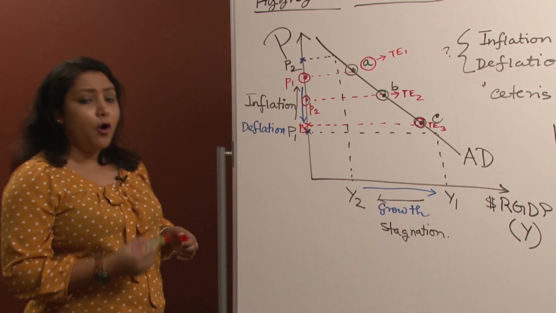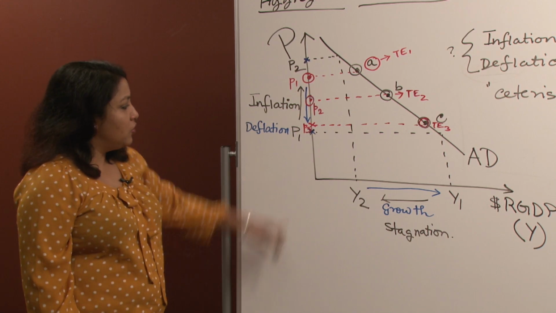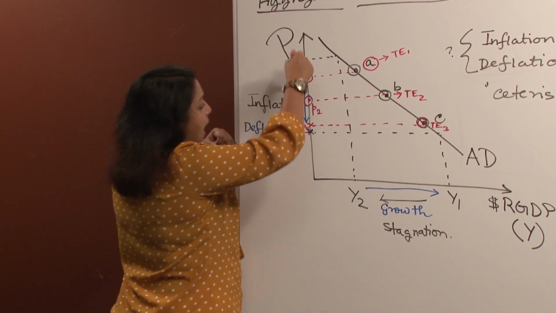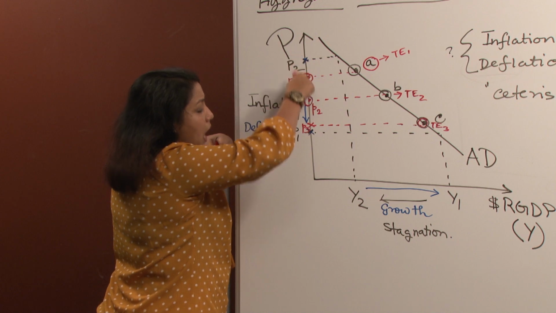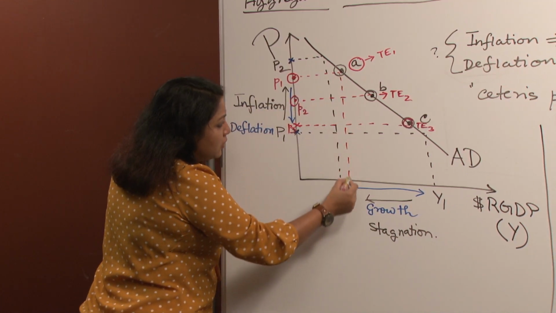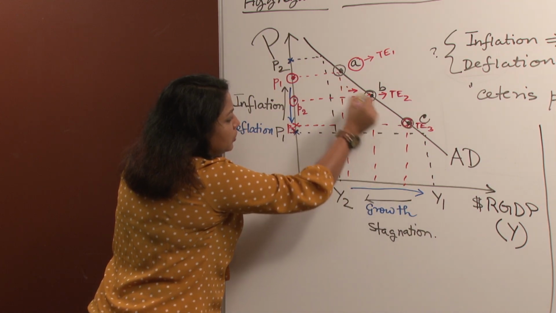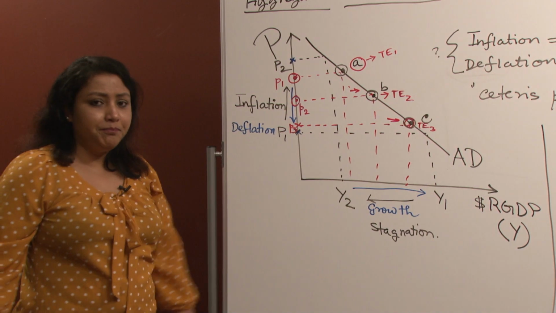So each point is basically representing the total expenditure, and you can see that as the price indices go down, that means as the price level in the economy falls, the total expenditure in the economy is actually rising, right?